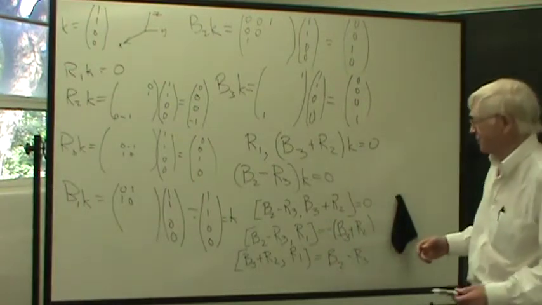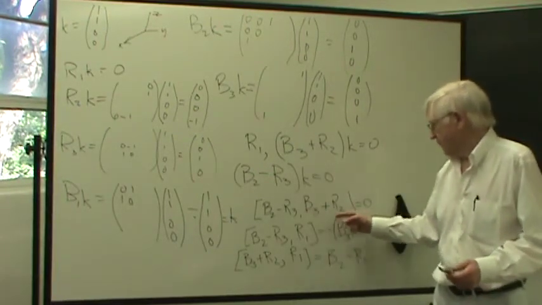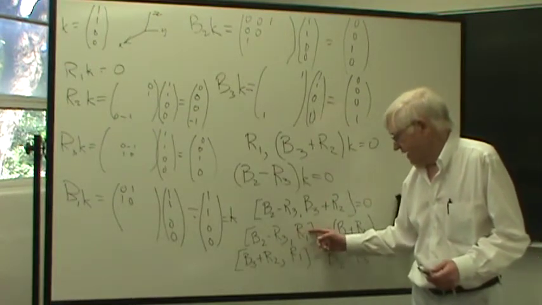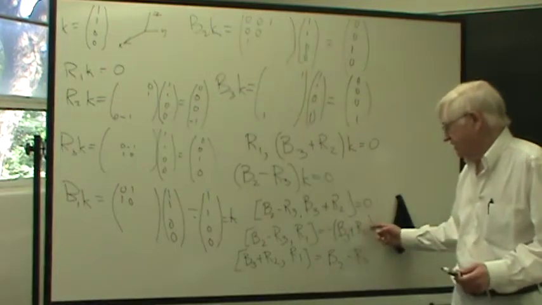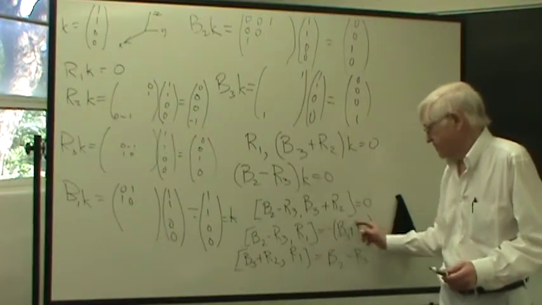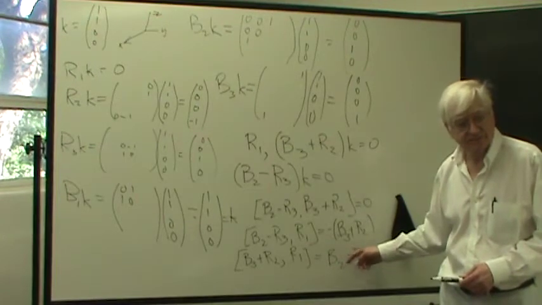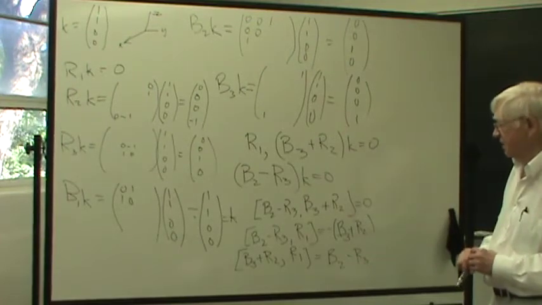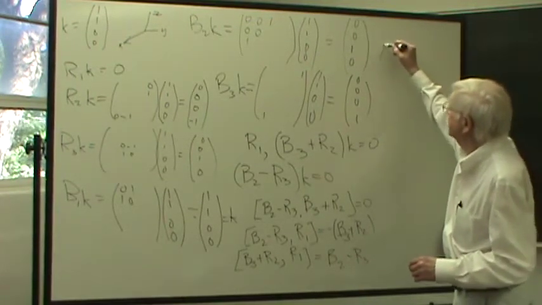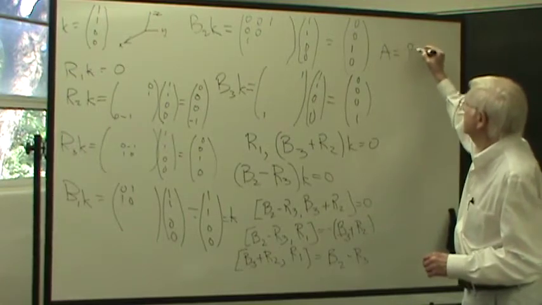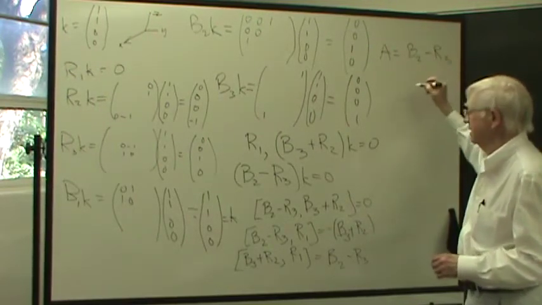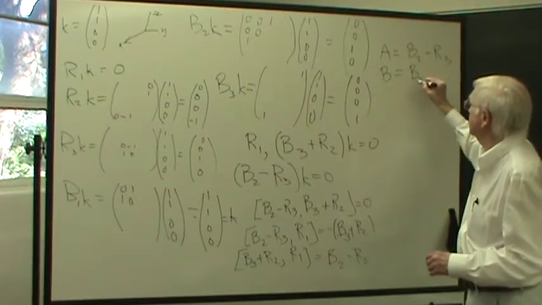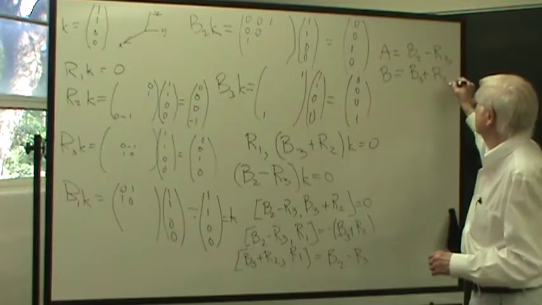Little is a pun there, actually. Two of the generators commute, and those two generators have commutators with R1 that give each other. Okay. And so that's rather nice. We could say let A equal B2 minus R3 and B equal B3 plus R2.